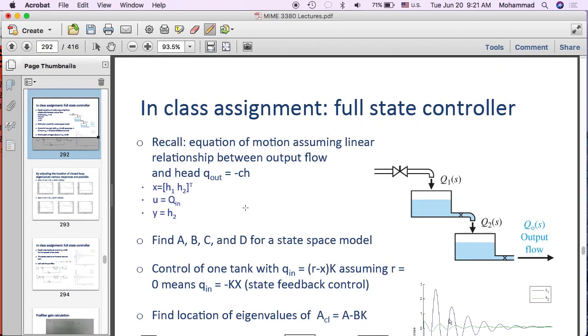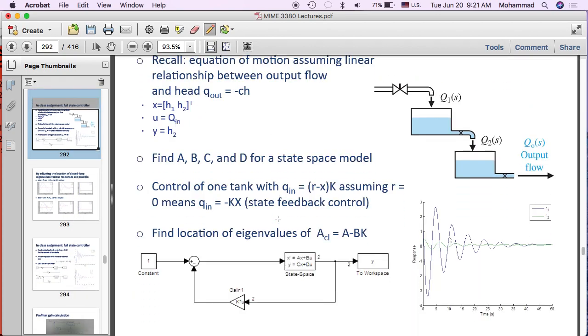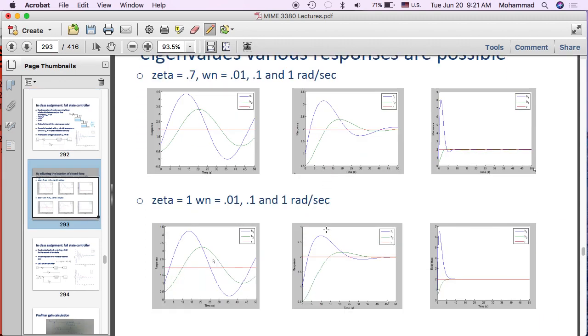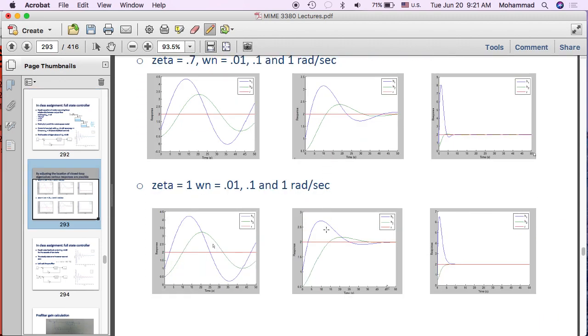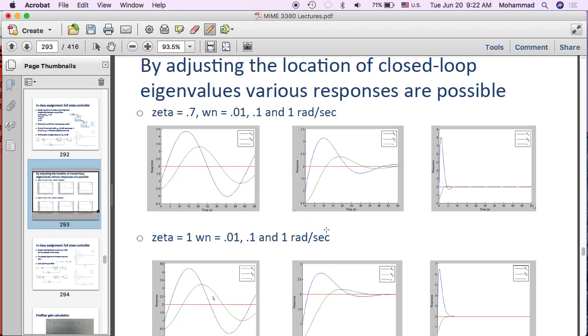And for those who are watching the lecture online, we did several simulations, and essentially what we have shown are various types of responses that I have on this slide. These simulations have been done with various values of zeta and omega n. The top is for zeta 0.7, with 3 different values of omega n: 0.01 radians per second, 0.1 and 1 radians per second.